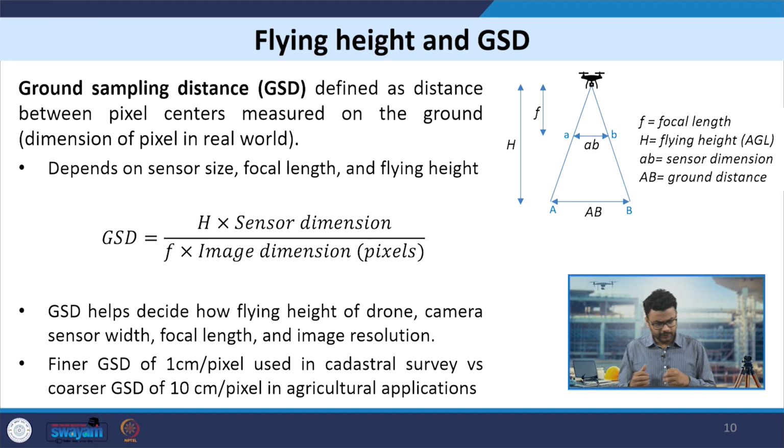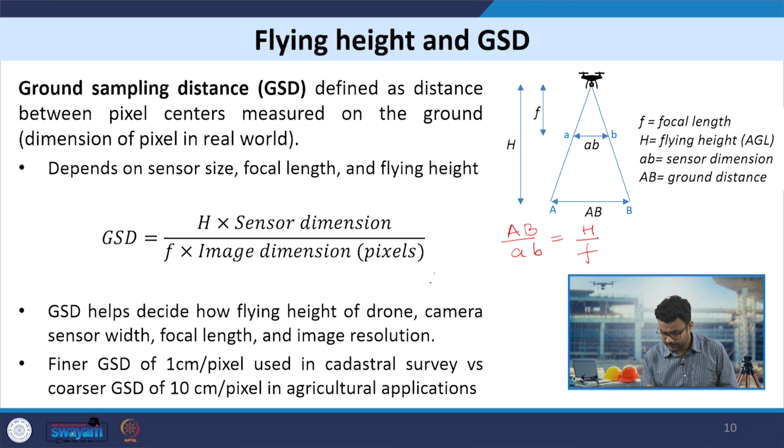So let's try to find the relationship between scale and ground sampling distance. We just saw that scale is nothing but photo distance by ground distance, which is equal to f by H. This is based on the definition of scale that we have.